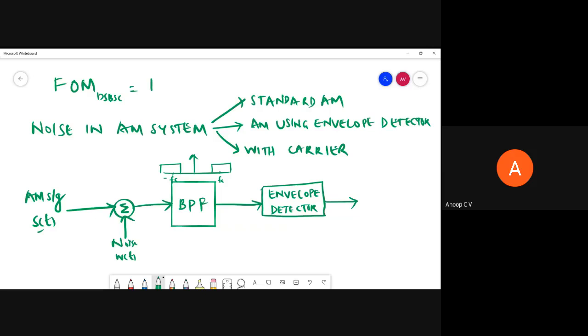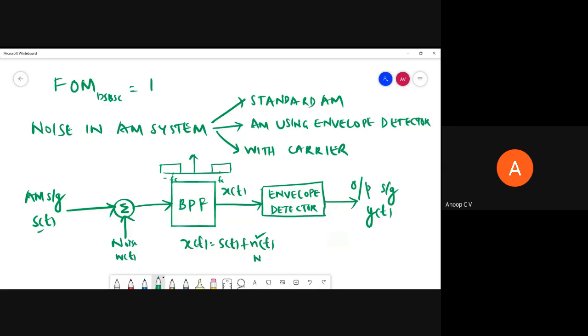Okay, so we are getting the output signal y(t) here. This is our s(t). This is our x(t); the band pass filter output is x(t). This x(t) is equal to s(t) plus n(t), where s(t) as such will be available at the output of the band pass filter, and n(t) is the band pass filtered w(t). W(t) after band pass filtering gives n(t).